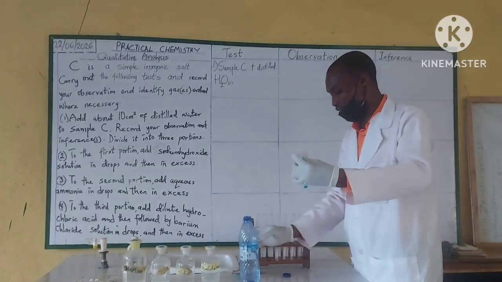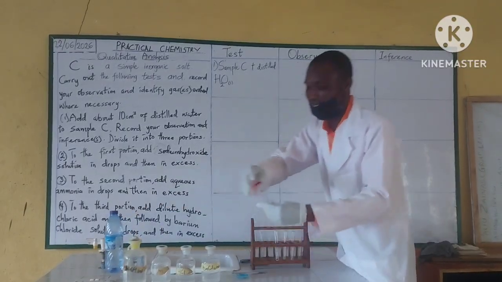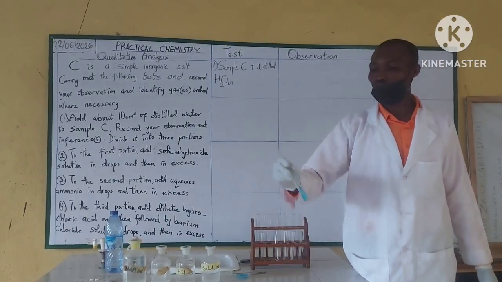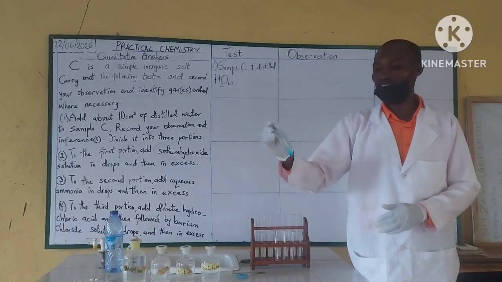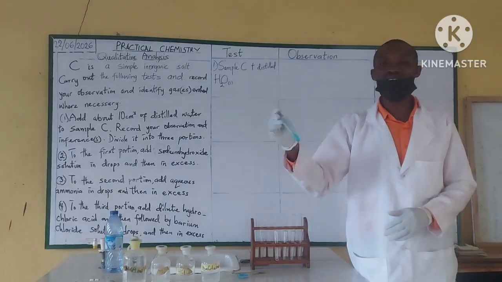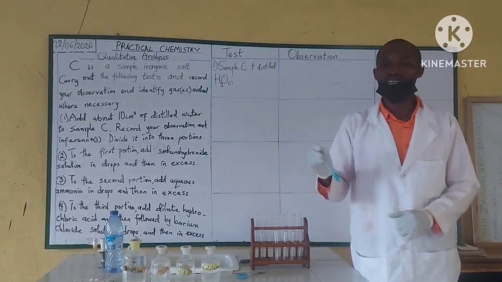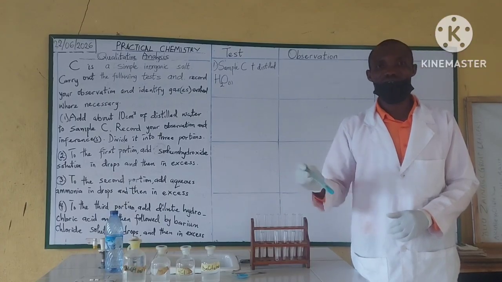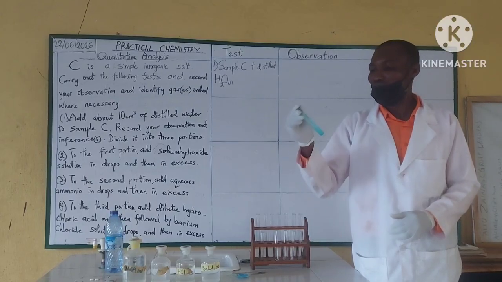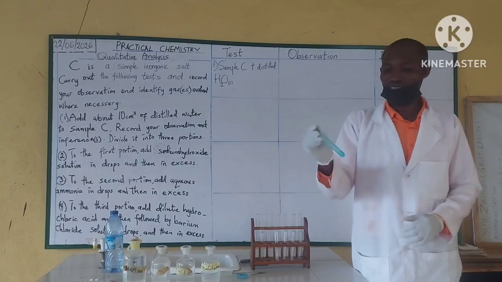Then you shake so as to know whether the salt dissolves in water or not. Anytime you are given a salt and you are being asked to add water to it, they want to test for solubility of that salt in water. Either it completely dissolves or partly dissolves in water.